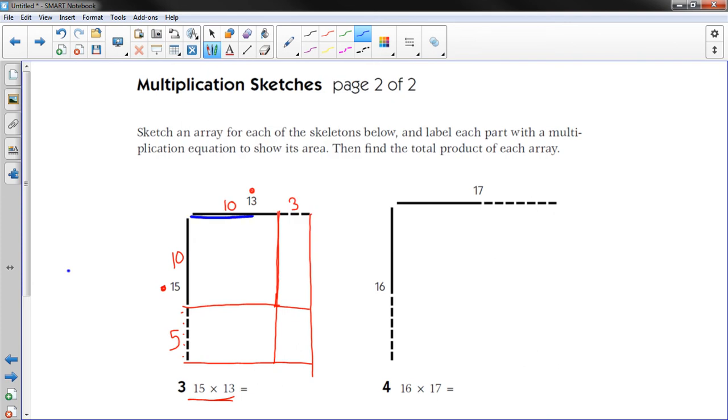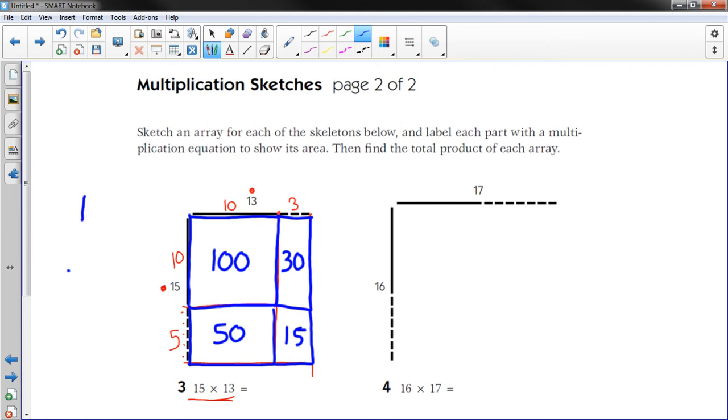So 10 times 10 is this rectangle. That's 100. Let's go to the right. 3 times 10, that's 30. Alright, lower left-hand corner, 5 times 10, well that's 50. In the lower right-hand corner, 3 times 5, that's 15.